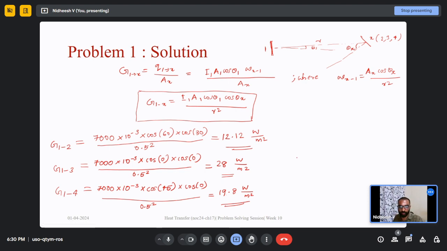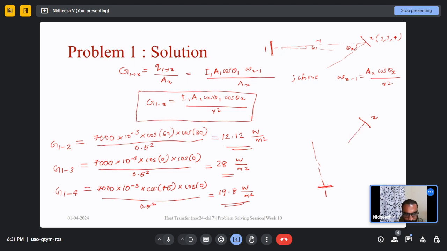Let me again give you how theta is calculated. Say this is surface 1 and say this is some surface x. First we have to draw the normal line to these two surfaces. Say this is normal and this is normal to this surface.